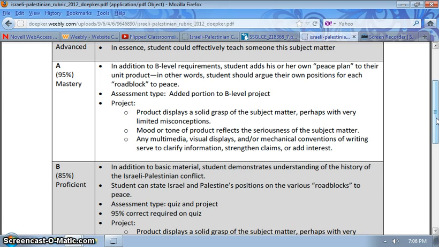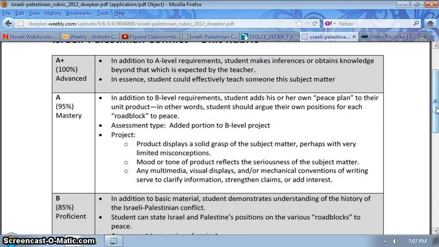So you can see that this requires students to not only comprehend the roadblocks or the sticking points and the positions of the two sides, it now requires them to evaluate each side's position and to create a plan and argue that. They have to argue why their plan is a good one.